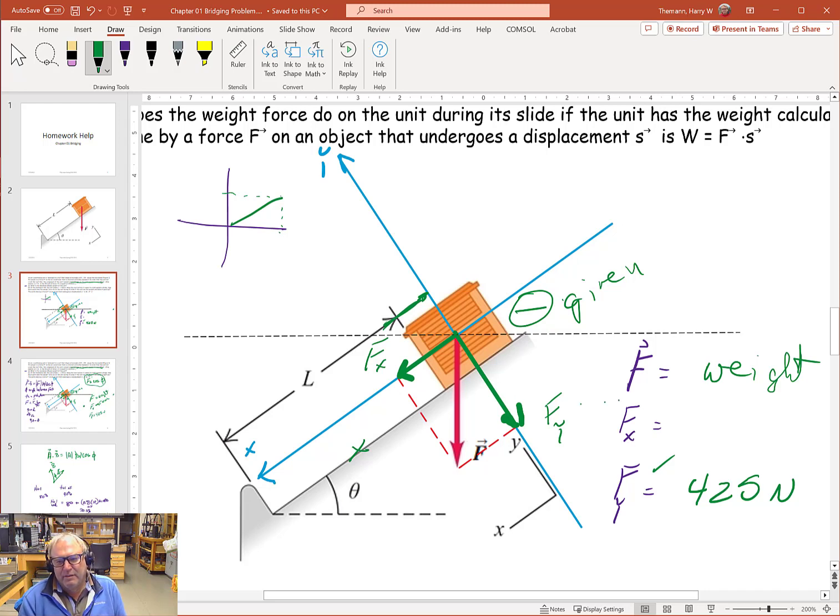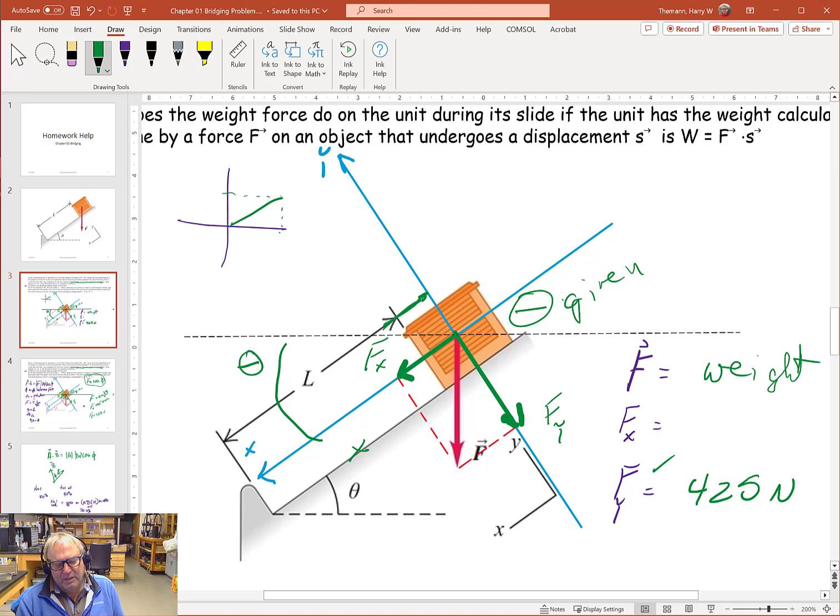Next, we know that if we go to, I forget the title for this, not alternate interior angles, but when we have two parallel lines, these opposite angles are equal. So the angle in here is also theta.